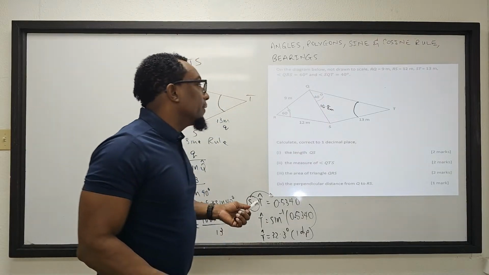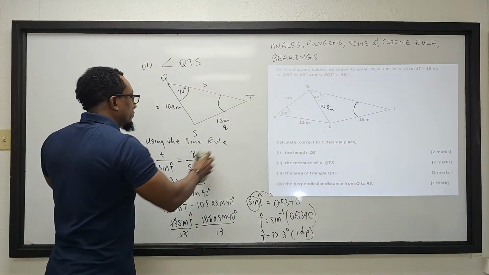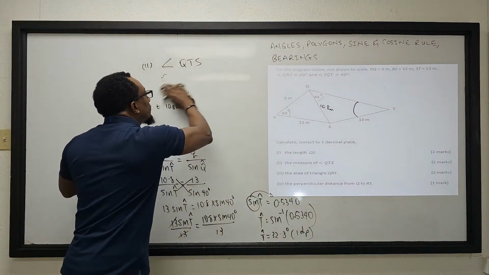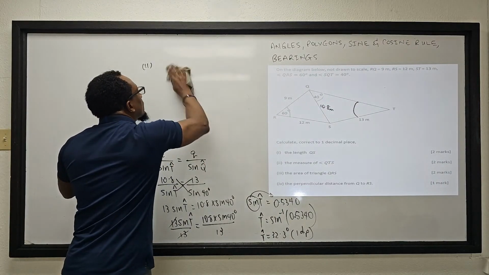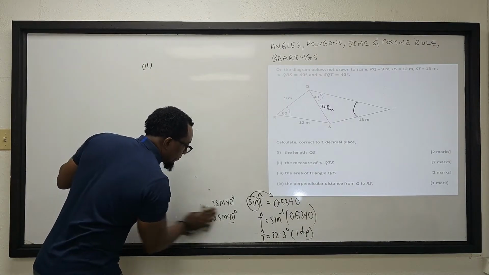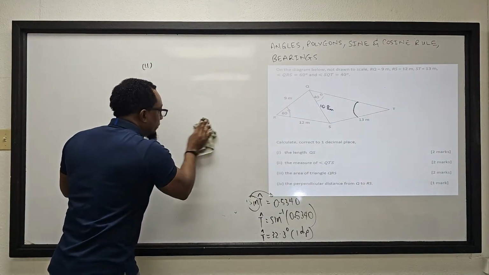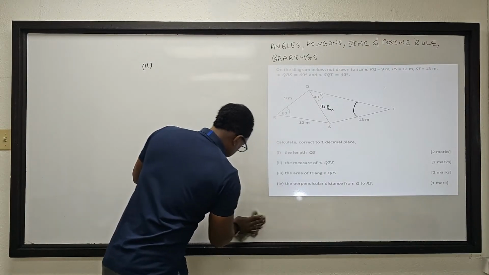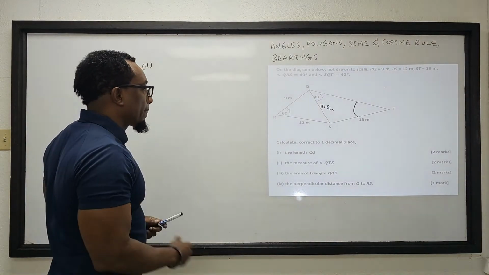And let's look at part 3 now. We want to find the area of the triangle QRS. So we get here the triangle, straightforward.